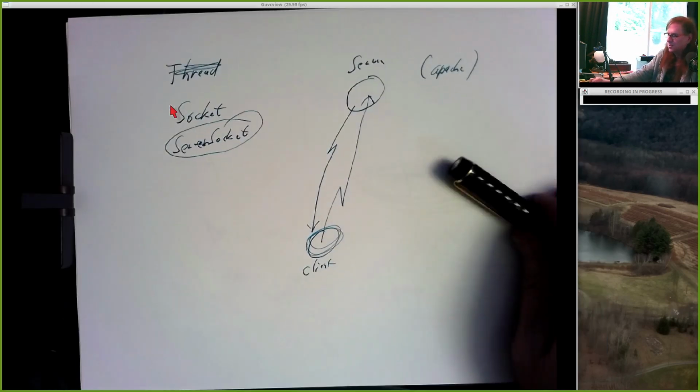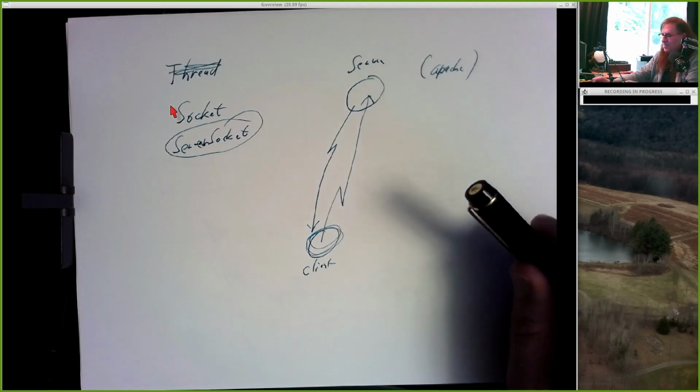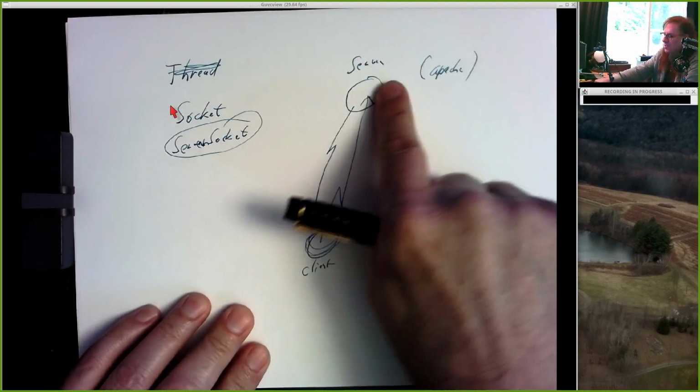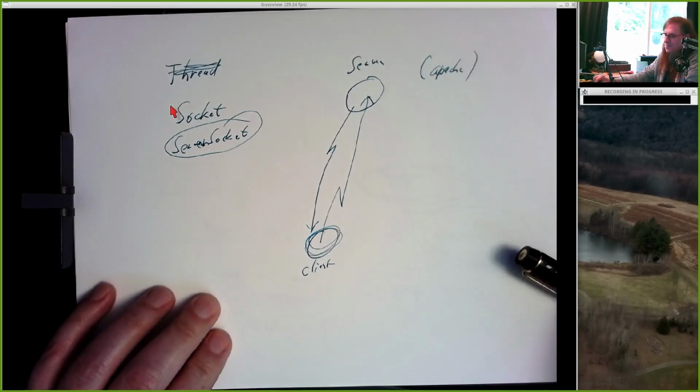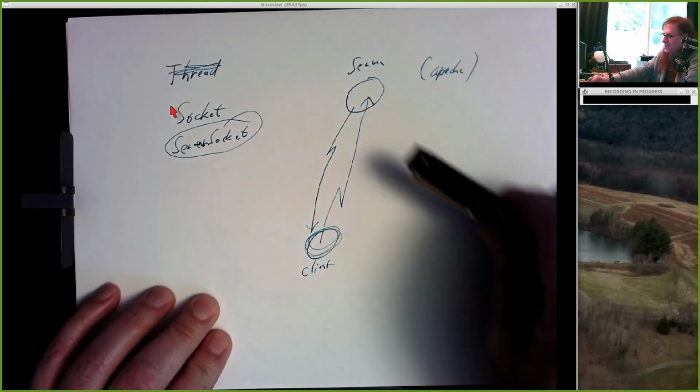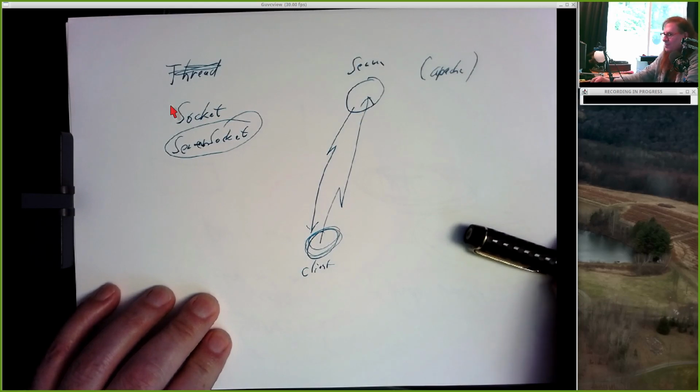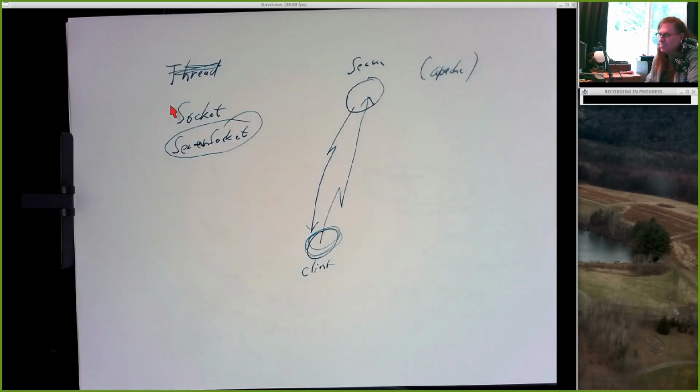Because on a typical machine there may be a few hundred different sockets that somebody can connect to, and we have to identify these. So my socket for serving up web pages has an address of 80 if it's insecure, or maybe 8080 if it's a secure HTTPS.